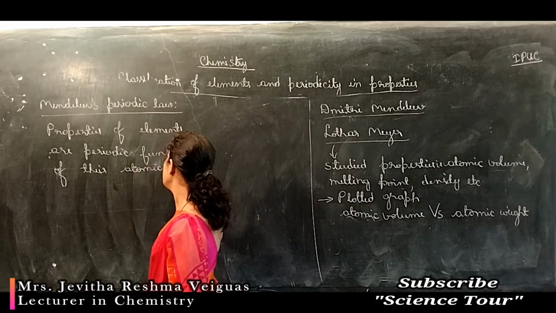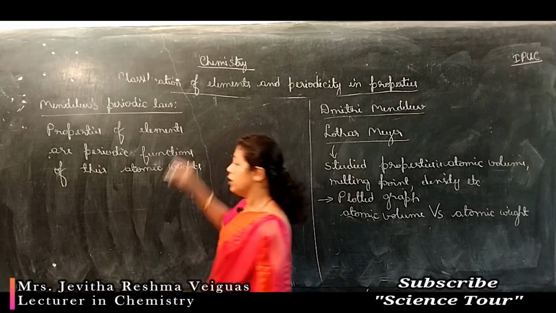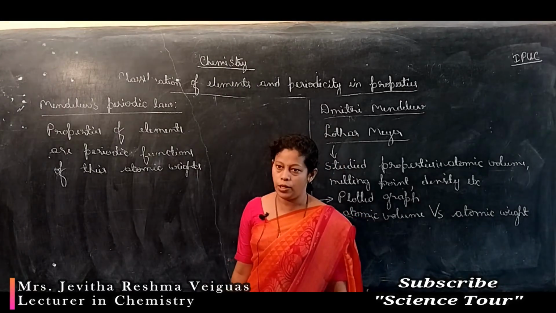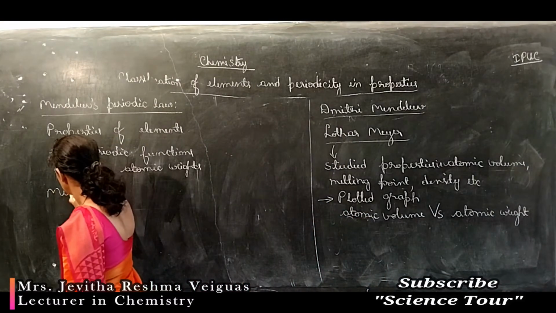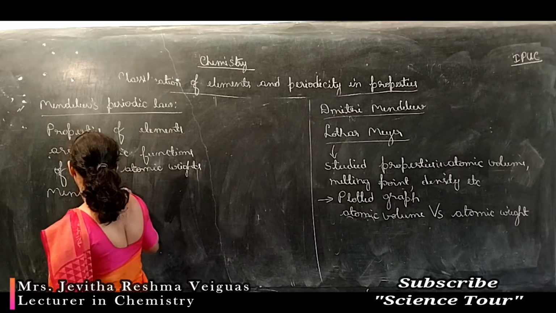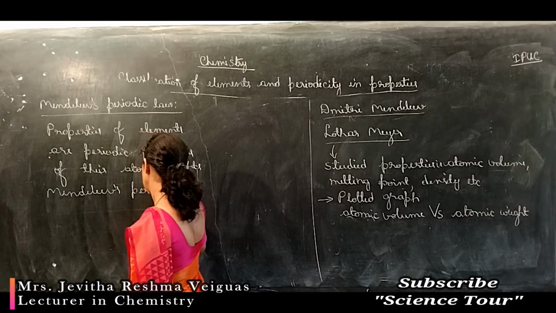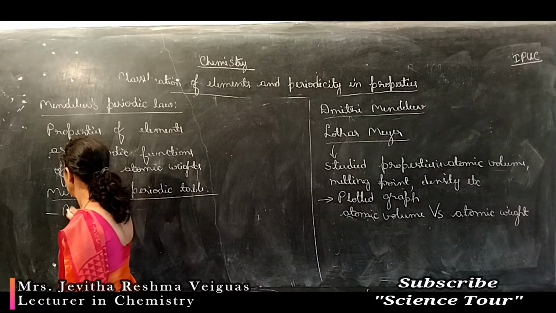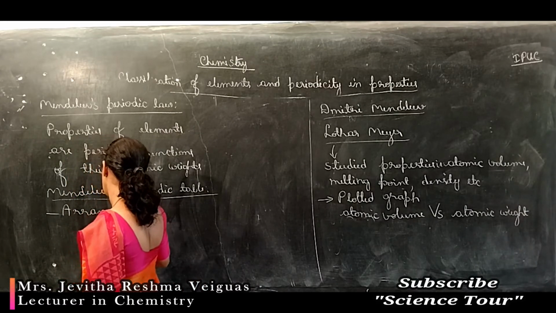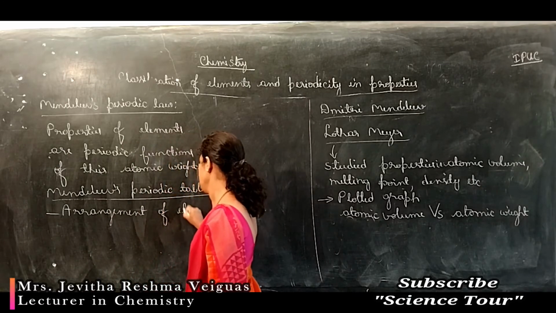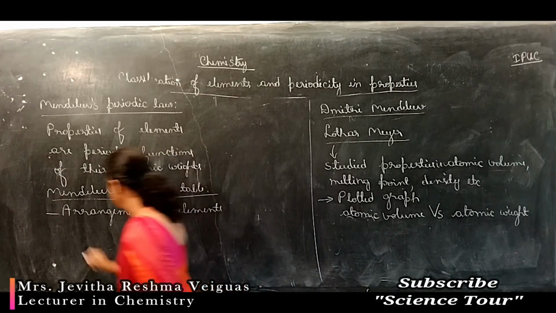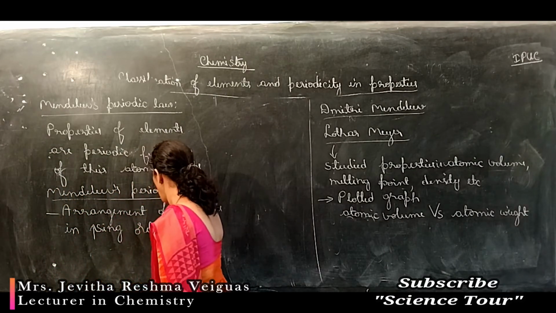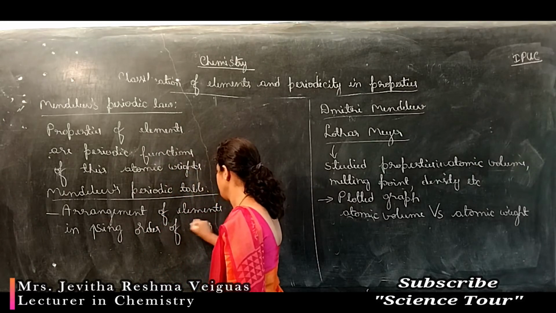So what he says is, the properties of elements are periodic functions of their atomic weights. That means Mendeleev's periodic table is purely dependent on atomic weights, where he placed the elements in the increasing order of their atomic weights. So Mendeleev's periodic table is the arrangement of elements in increasing order of their atomic weights.